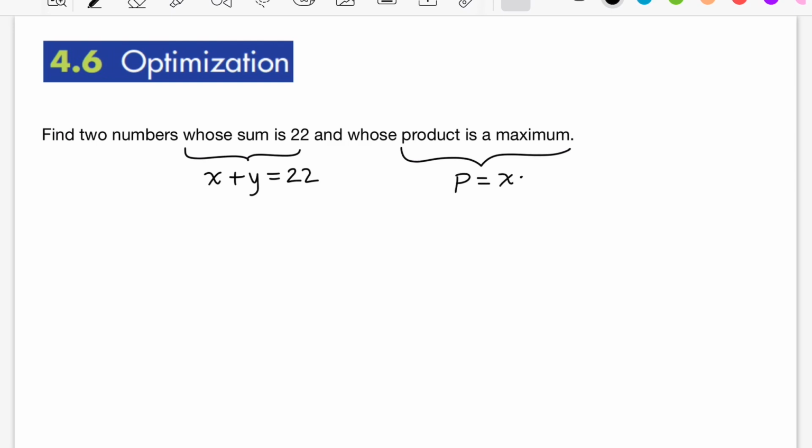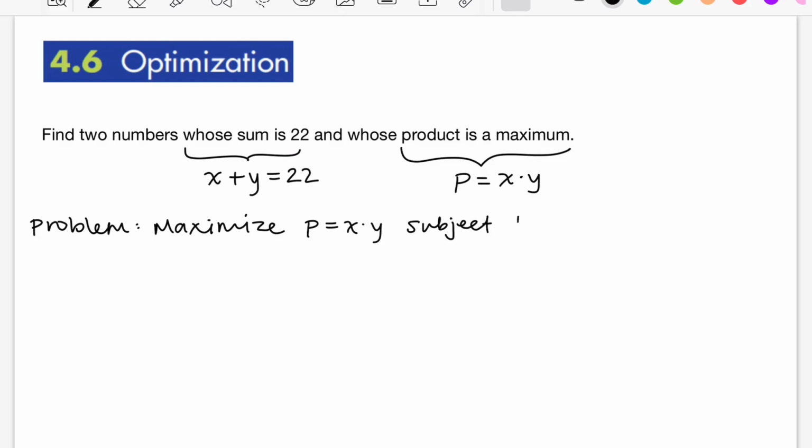The product of these two numbers, so we're going to multiply them, is going to be some maximum value. And the problem becomes, we want to maximize p, subject to the fact that the sum of these two numbers needs to be equal to 22.